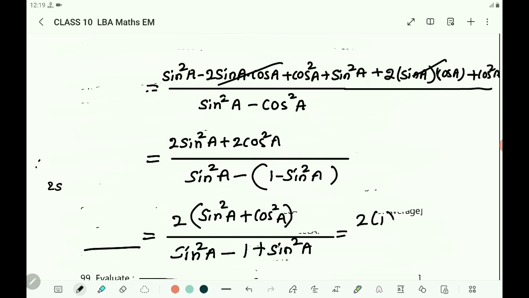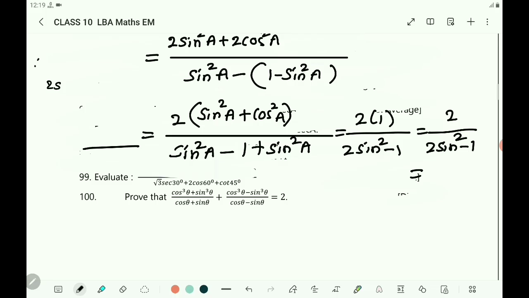Write 2 into 1 by sin square A plus sin square A is 2 sin square A and minus 1. Minus 1 equals 2 into 1 is 2, 2 by 2 sin square A minus 1, which is equals to RHS.